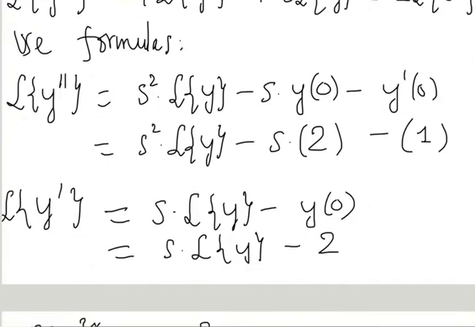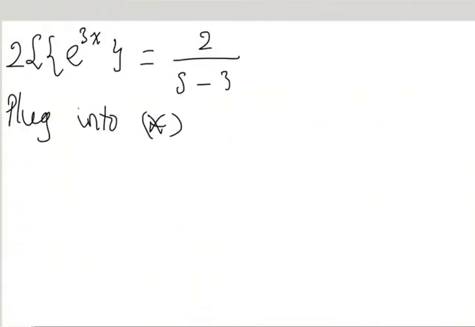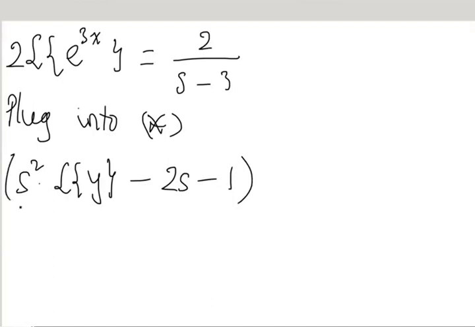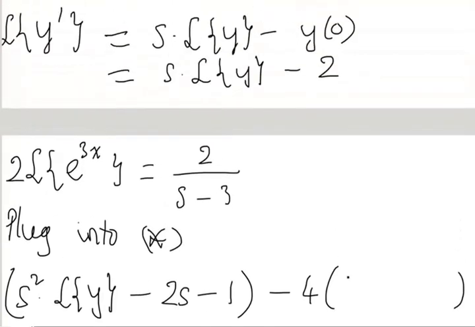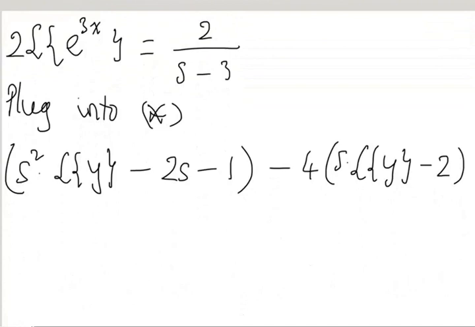So we have the Laplace transform of the second derivative replaced by s squared Laplace transform of y minus 2s minus 1, and minus 4 times the Laplace transform of the first derivative, which is s times Laplace transform of y minus 2, and lastly plus 3 Laplace transform of y.